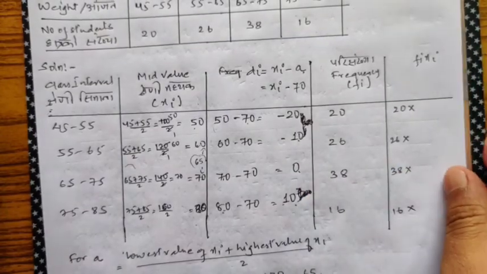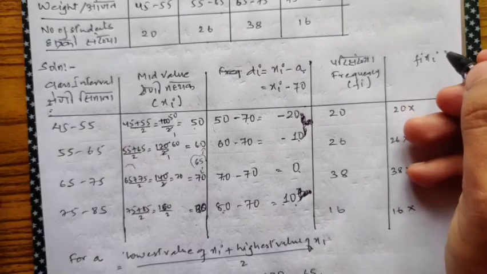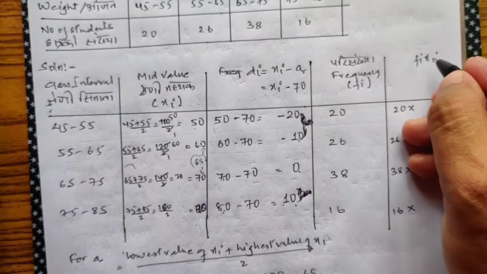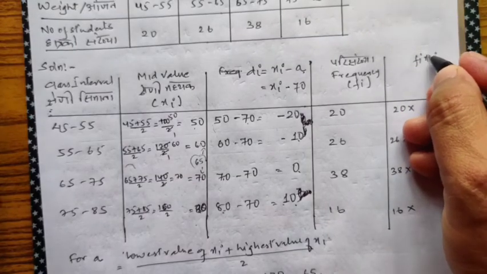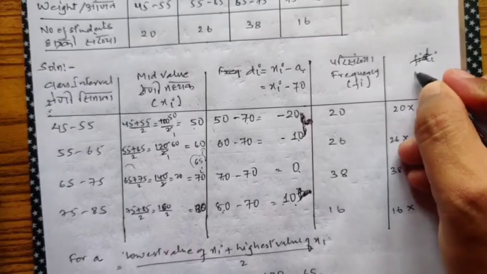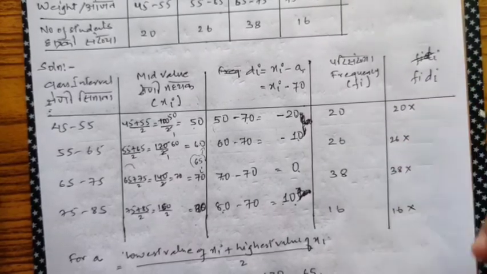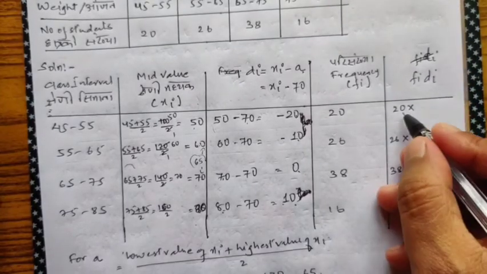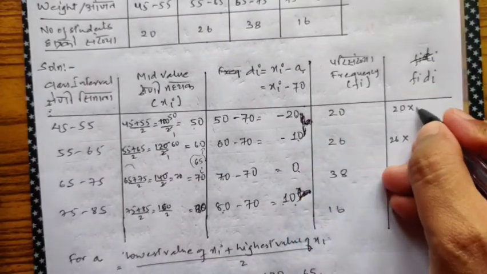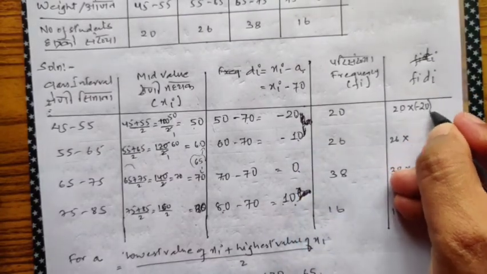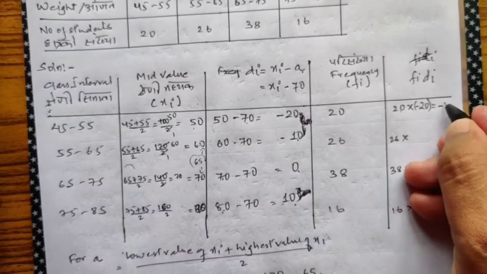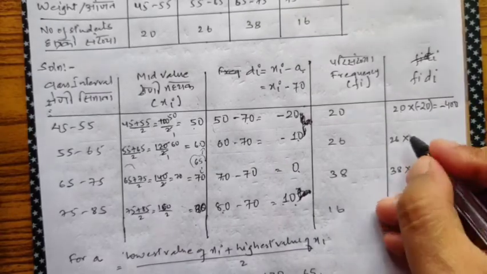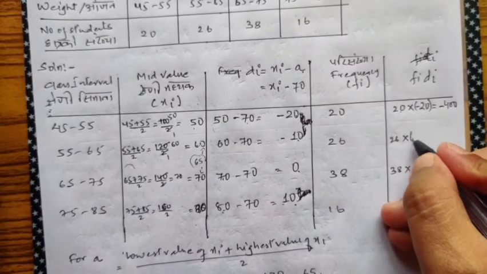So my next column is not fi xi, sorry, it should be fi di. Make the correction. So fi is how much? 20. How much is di? Minus 20. So 20 into minus 20 is minus 400. Then di is minus 10.